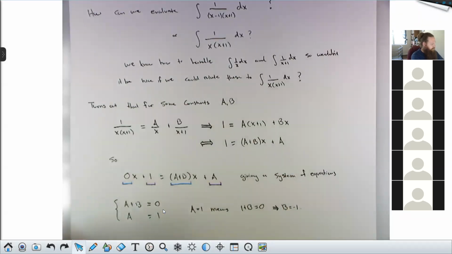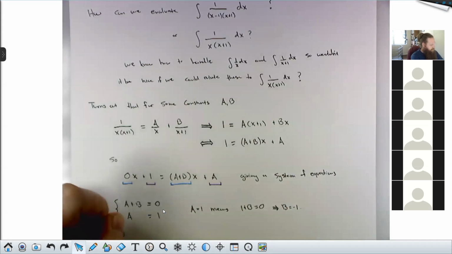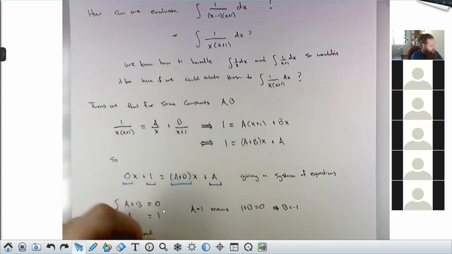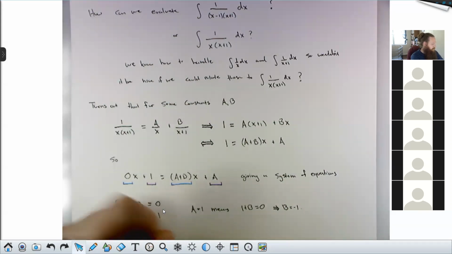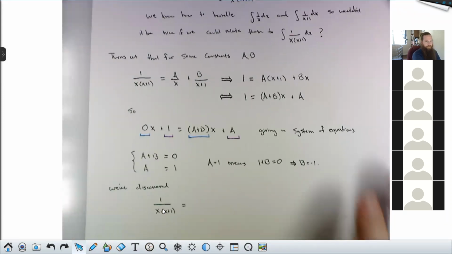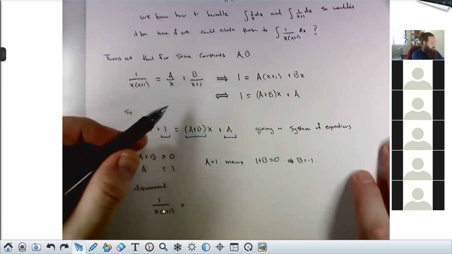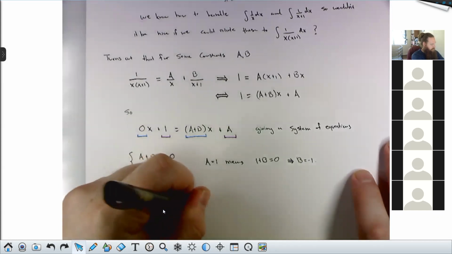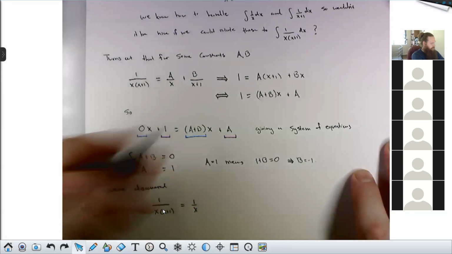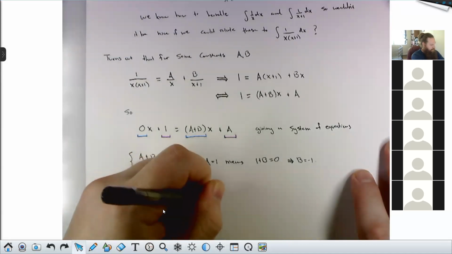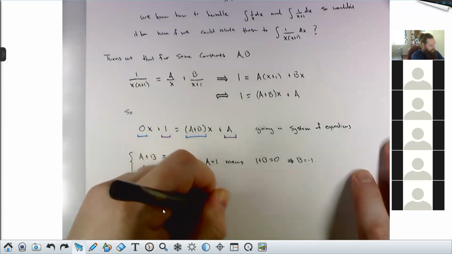In other words, what we've discovered is that 1 over x times x plus 1 is equal to A over x, which is 1 over x, plus B, which is -1, so minus 1 over x plus 1.